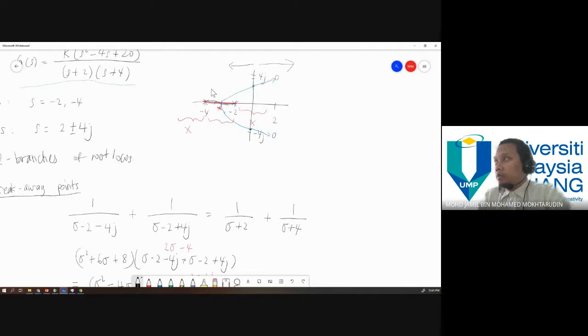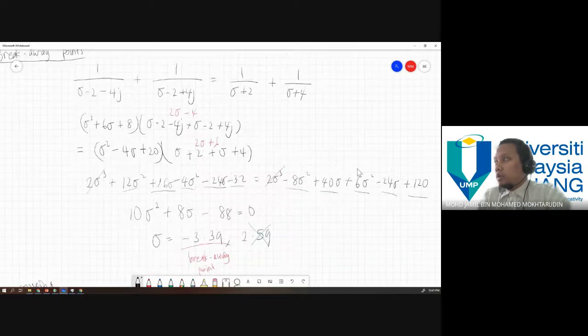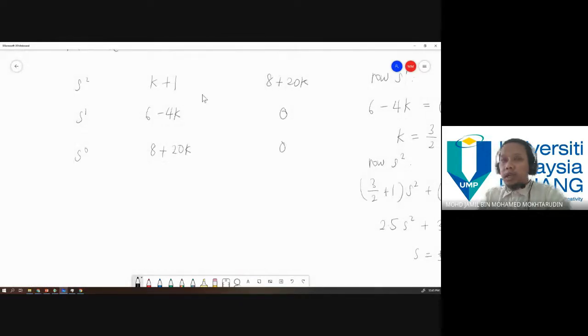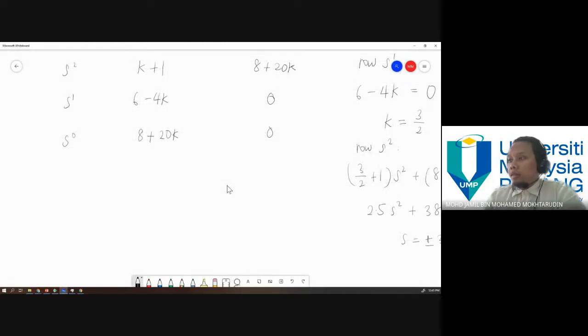Okay, so we have this limit 3 over 2, but what is the limit below that? Okay, so we need to use the Routh table that we have assembled. Okay, so firstly we get K must be less than 3 over 2. Okay, so this is from row S1.